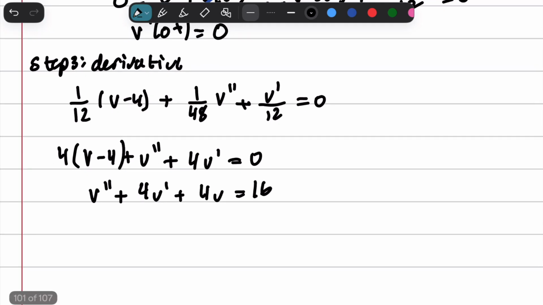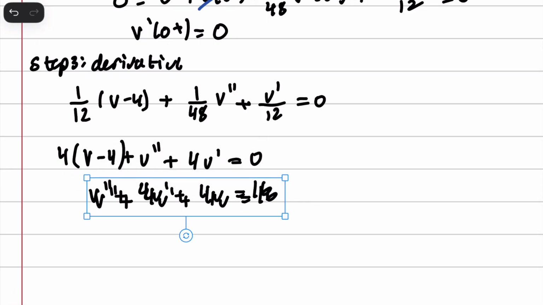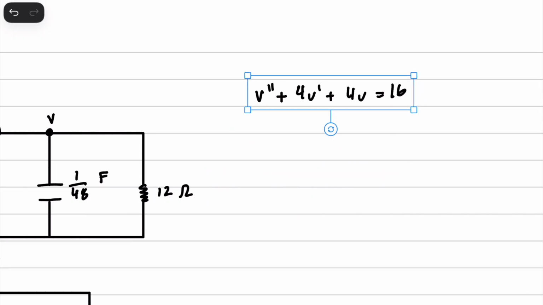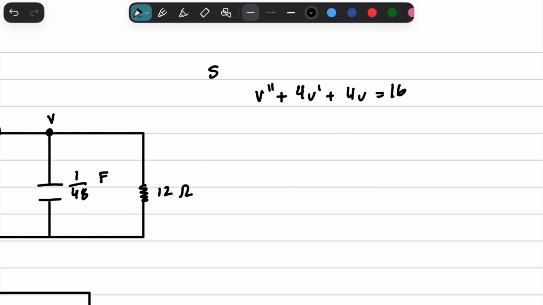And when we solve this out, we are, of course, going to use the characteristic equation. Solve for step 4. And the cool thing here is that we are going to have a homogeneous, and we will have to use the r squared for this to find the homogeneous, and then r squared plus 4r plus 4 is equal to 0.